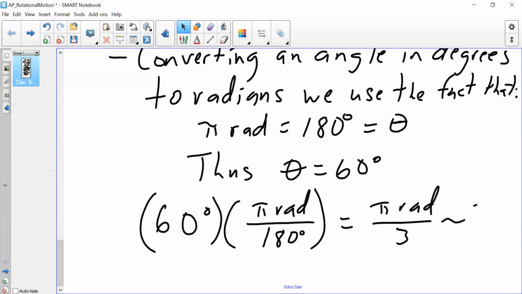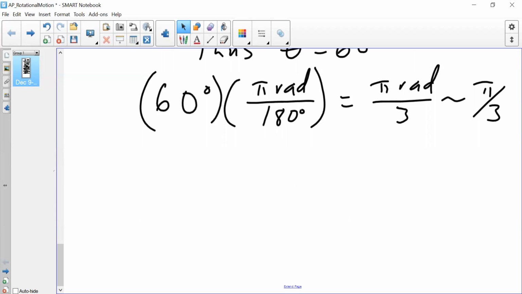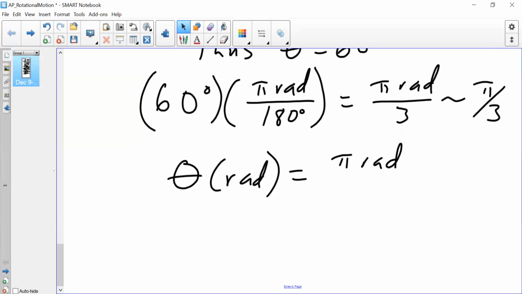And so forth, 45 is pi over 4, 7 pi over 8, all that stuff. But just to go one step backwards there. This is the full conversion equation for what I just did. This is the conversion factor that you're going to use in order to convert degrees into radians. So yeah, any questions on that bit?